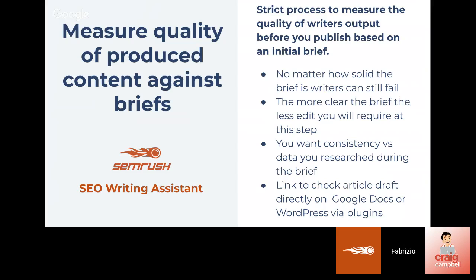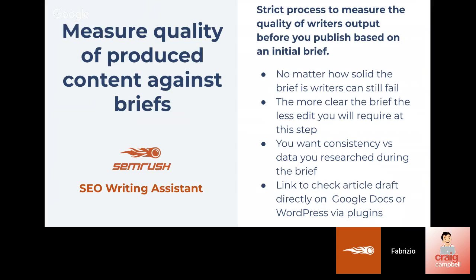So that's where we actually look at the scoring. That's where an article is now being written in that particular Google Doc. Over time, we understood that in order to get better, faster, and produce better content in general, it was really all about the brief.